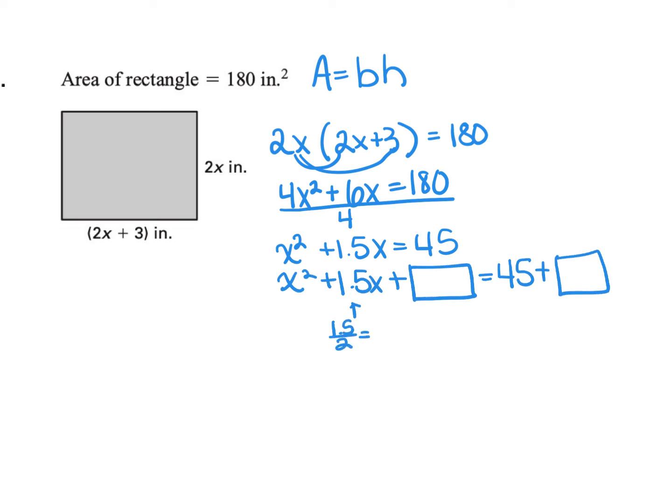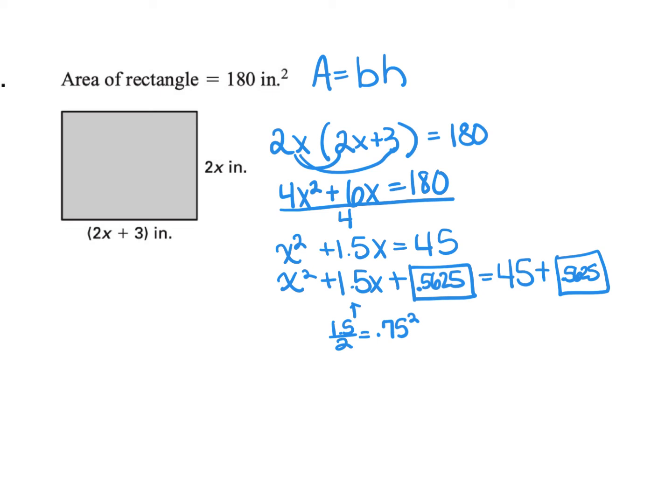And then remember, we're going to take that and square it. So when I divide that by 2, we get 0.75, and then we're going to take the square of that, and I will end up with 0.5625. And again, what I do on one side, I have to do on the other.